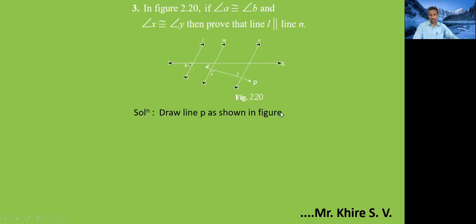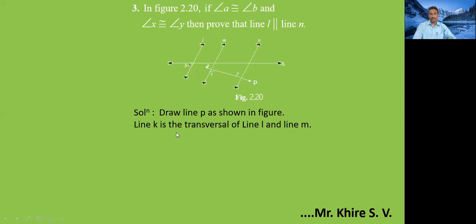Solution for this is, first of all, we have to extend this line which has X and Y angles. Extend this line and draw line P as shown in figure. This is the construction of figure.